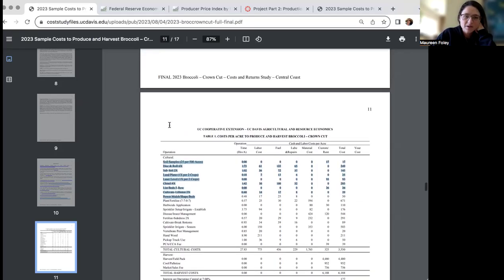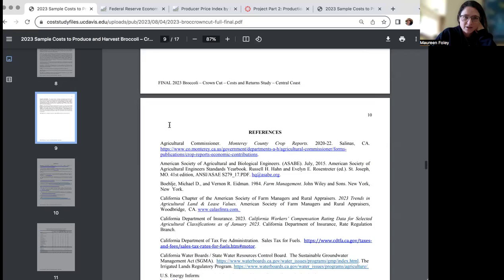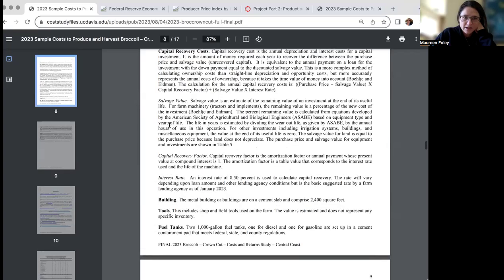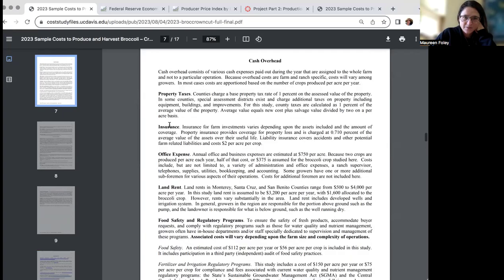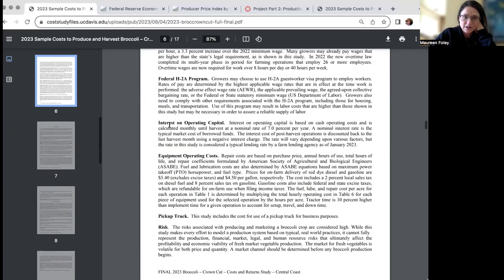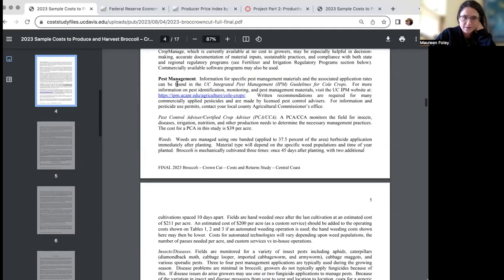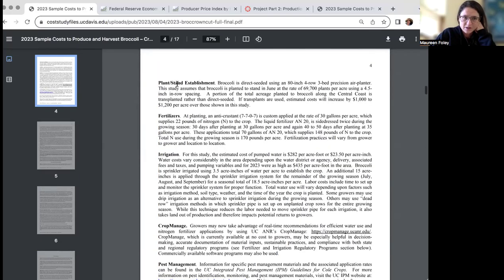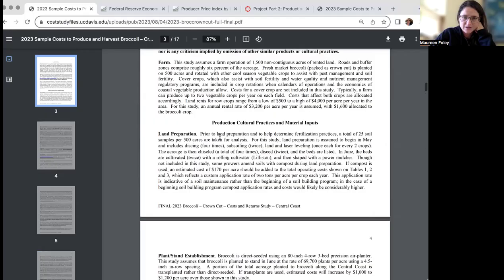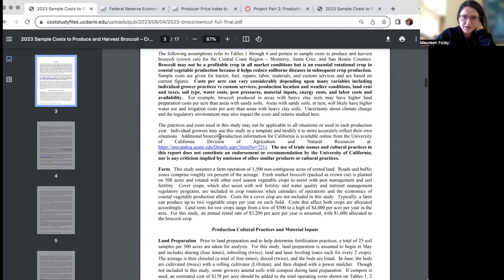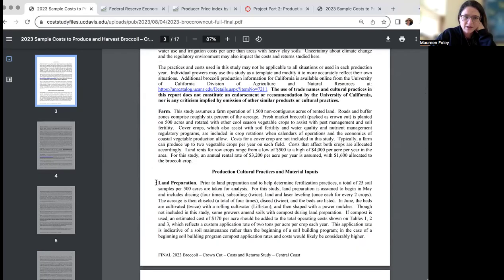Because if you come up to the assumptions, here it is. Okay, so yeah, it's one of the first things on the assumptions page is land preparation.